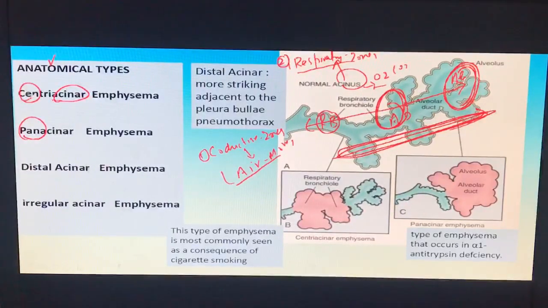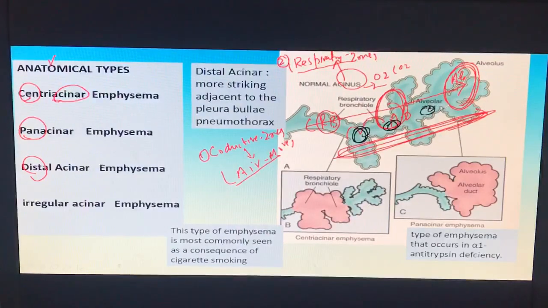Central is the central part of the acinus. Distal is the last part of the acinus. Irregular acinar means it may be here, it may be there, sometimes here, sometimes there.